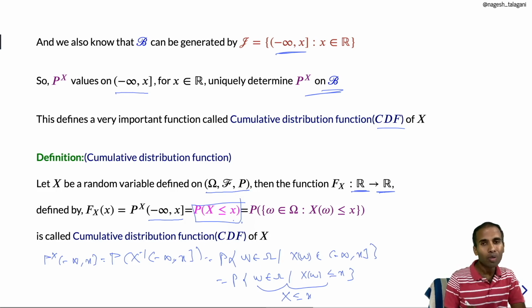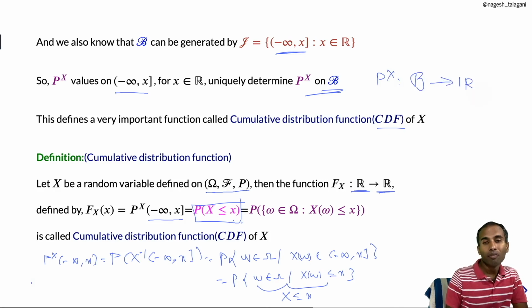A good thing about this CDF is that it is a real variable function. The bad thing about P_X is that the probability distribution P_X is a set function whose domain is the Borel sigma field. It's not easy to deal with set functions, but we can deal with real variable functions because we can use all of calculus to study and understand them.